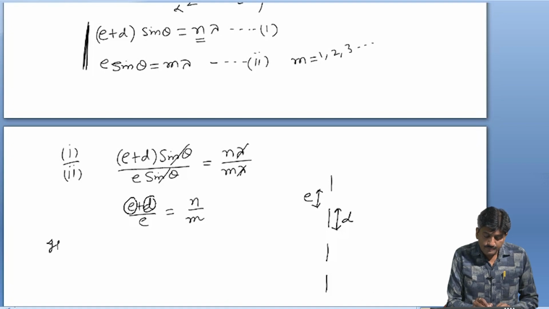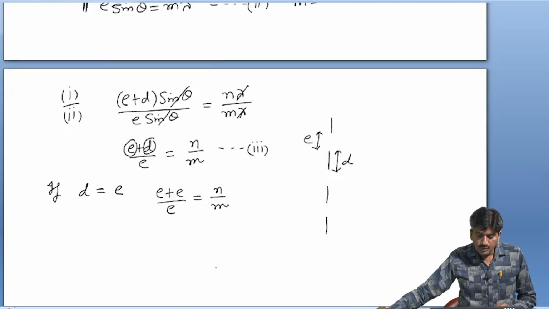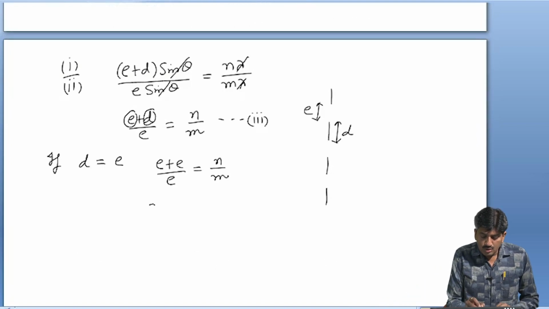And if the separation between two slits is equal to the slit thickness, then the above equation, equation number 3, becomes (E plus E) upon E equals n upon m, or we can say 2E upon E equals n upon m.